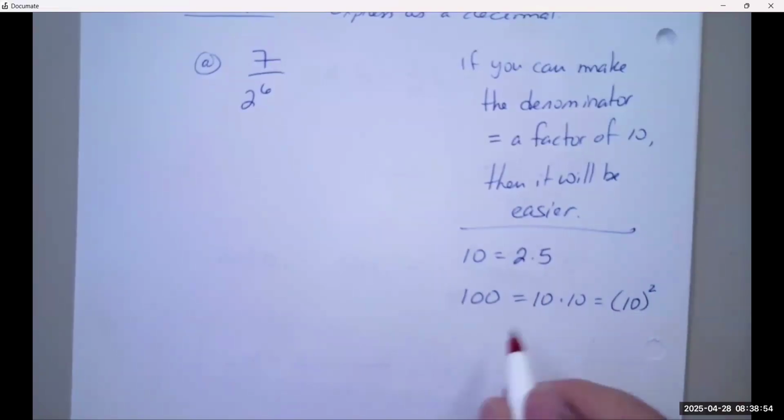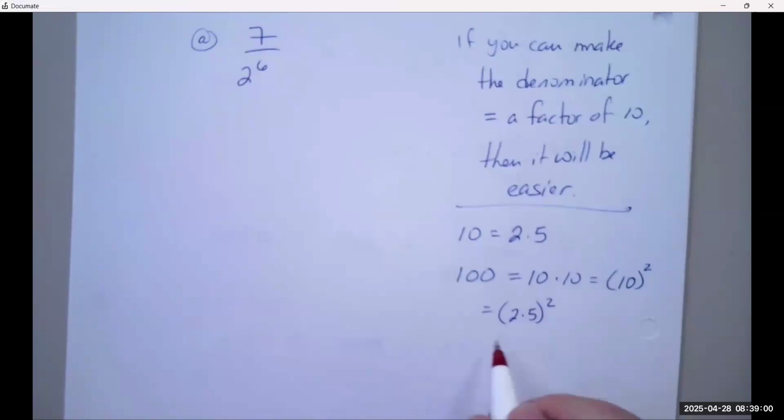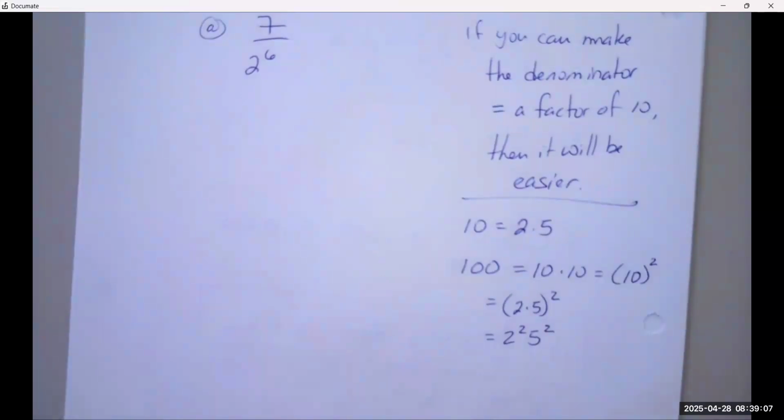But what is 10 made up of? 10 is made up of 2 times 5. So if you can formulate the number on the bottom so that it's a factor of 10, it makes it much easier.